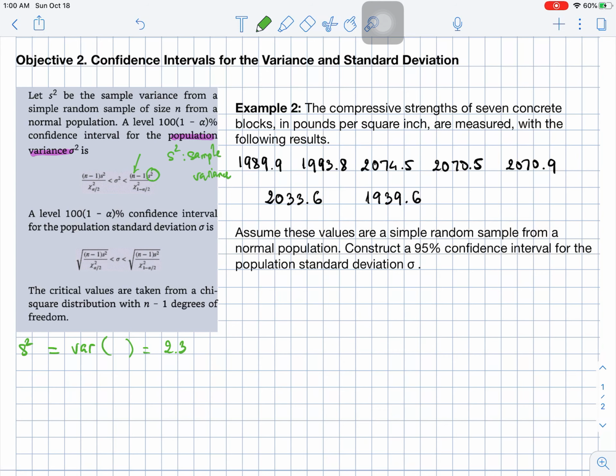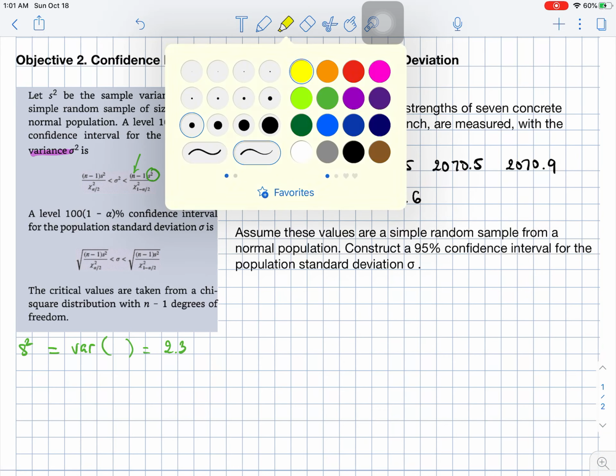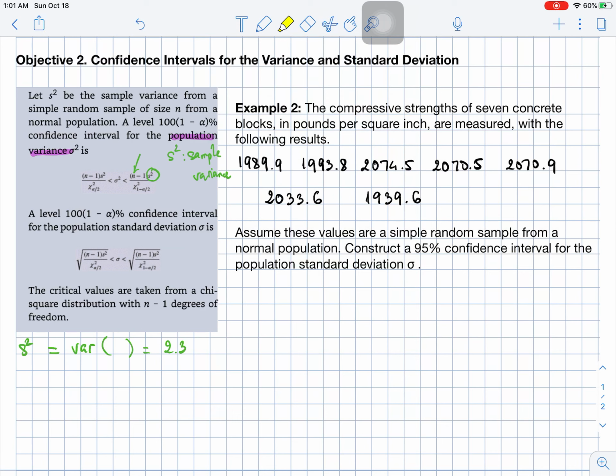For example, you got the number 2.3. This means s squared is 2.3. So the technology already squared the number for you, and you don't have to square 2.3 anymore. It's already squared.